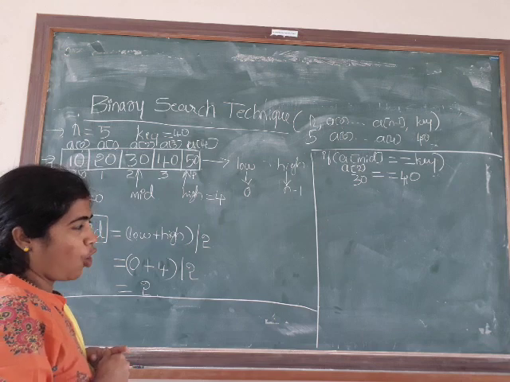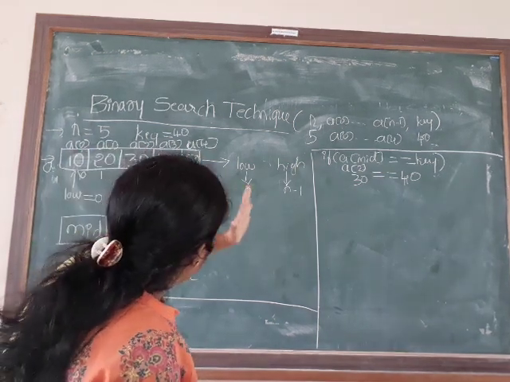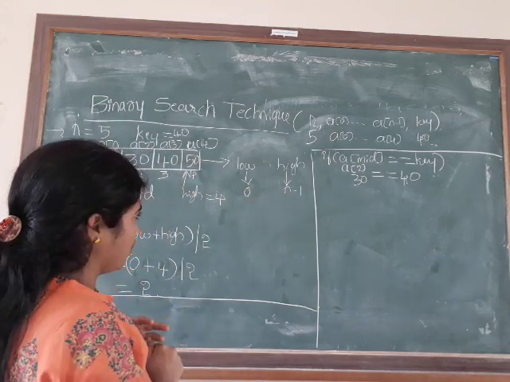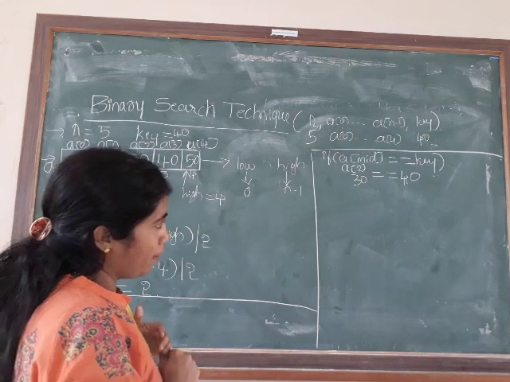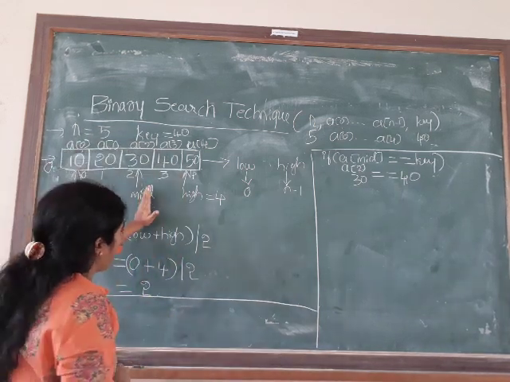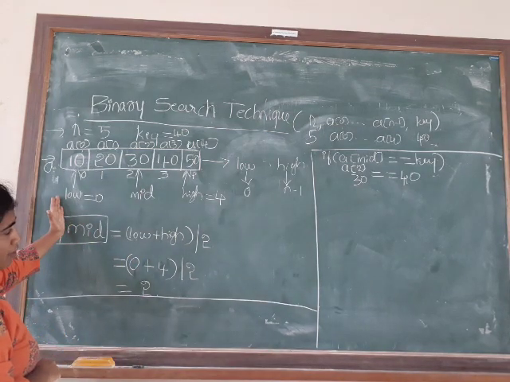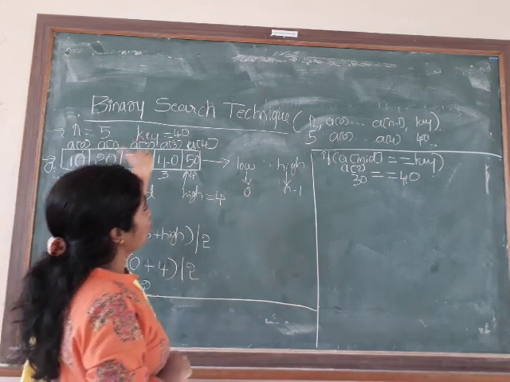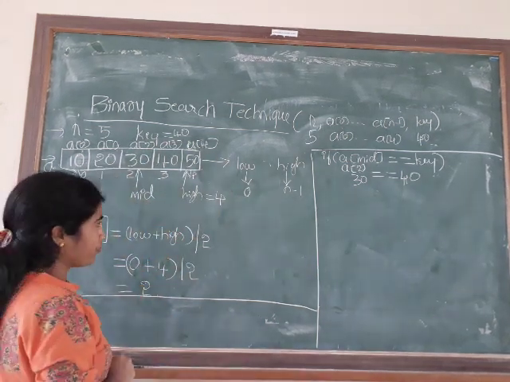The best logic here is, we always do one thing. Mid should be compared in such a way that it will be moving either to the first half of the array elements or to the next half of the array elements. You people are understanding?